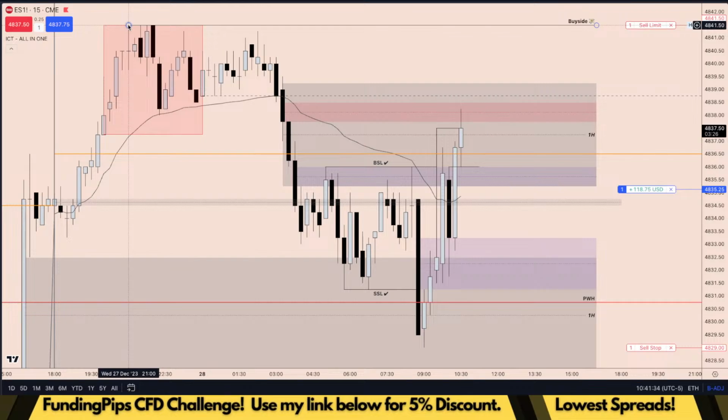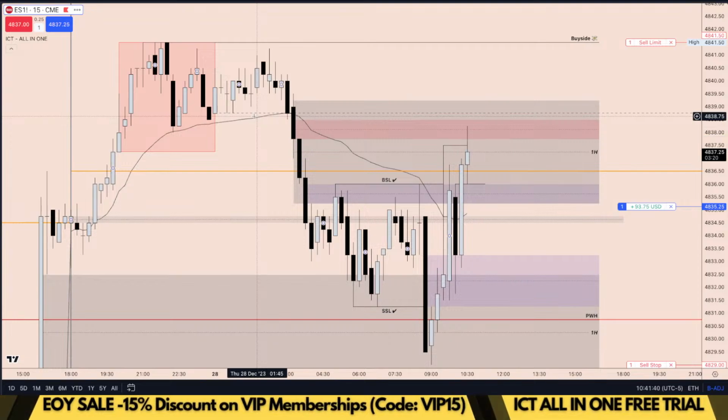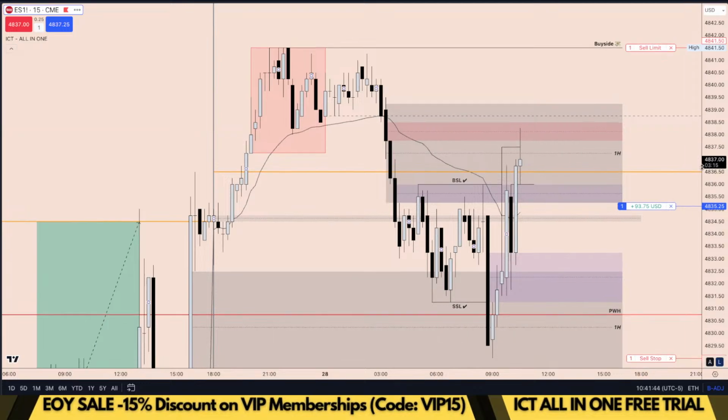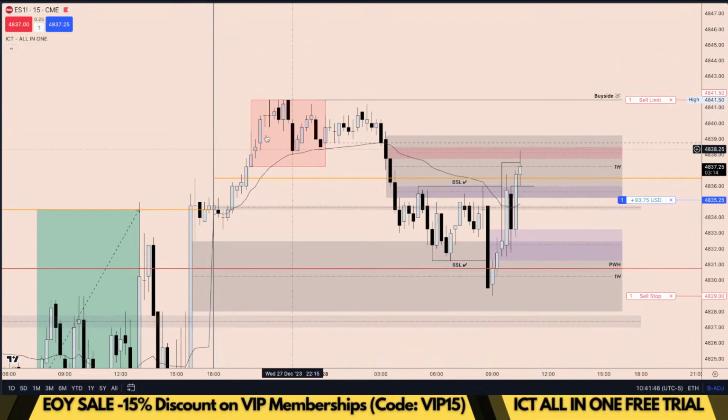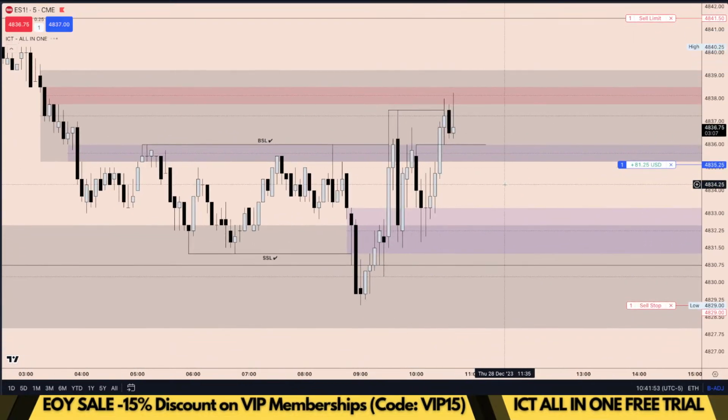Equal highs. 1, 2, 3, 4 equal highs. Another set of equal highs. We will see. So that's our 15-minute analysis that we just looked at.